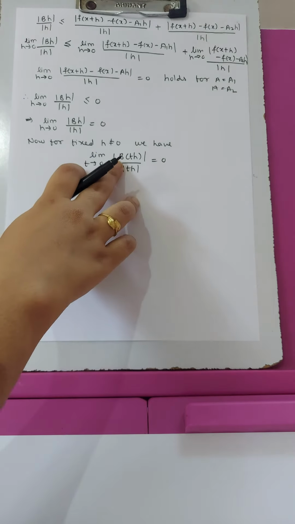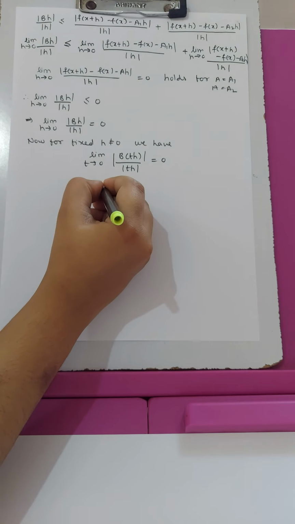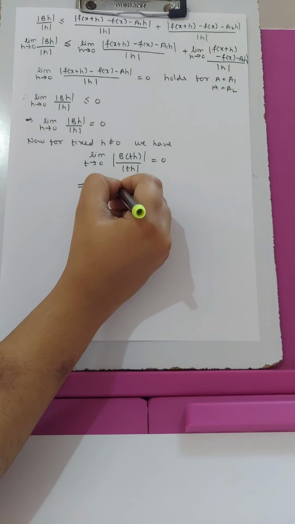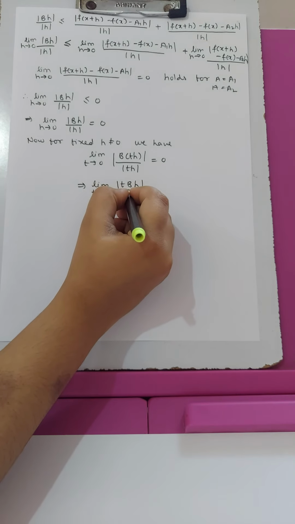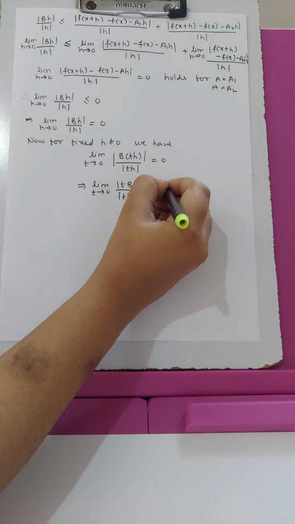Now here this b is the linear transformation, so therefore we can write limit t tends to 0 t bh upon t h equals to 0.